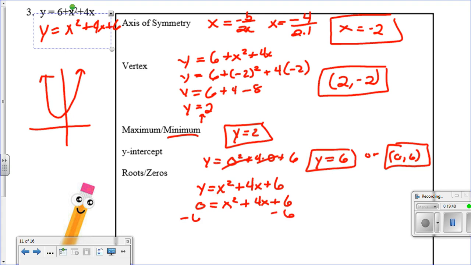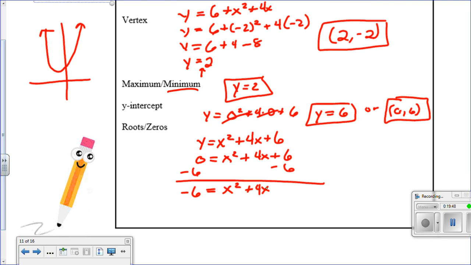Let's review that process real quick. So I'm going to bring this over here. Negative 6 is equal to x squared plus 4x. If you remember, to complete the square, we're going to take half of the 4, which is 2, and then square it. And I'm going to add that to not just one side, but I got to add it to both. So now I get negative 2 is equal to x plus 2 squared. Now I'm going to take the square root of both sides.